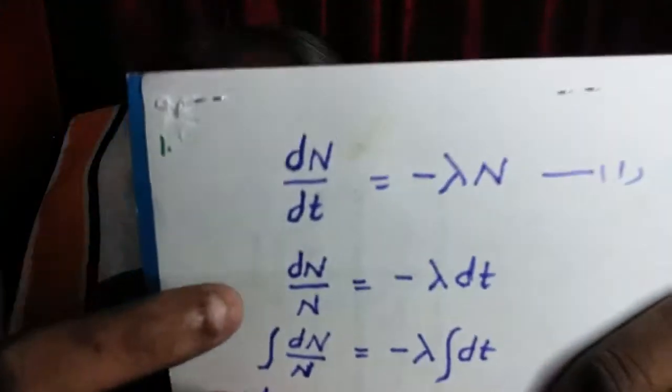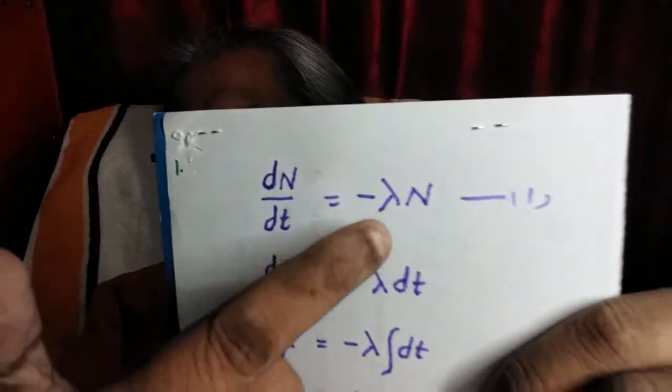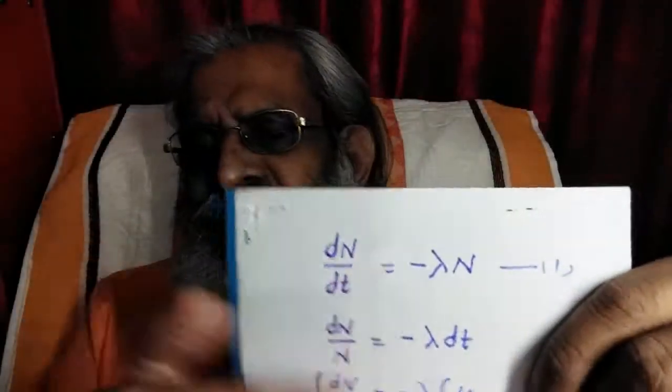So we say that dN by dt is proportional to N, where N is the number of atoms remaining for disintegration, or the number of parent atoms still remaining to disintegrate. N is a decreasing function of time. As time progresses, the number of atoms to be disintegrated decreases.